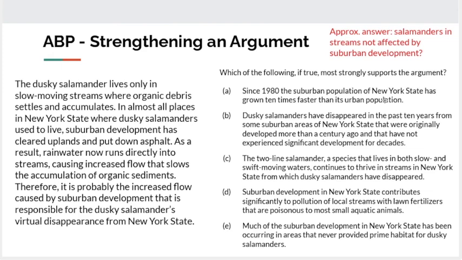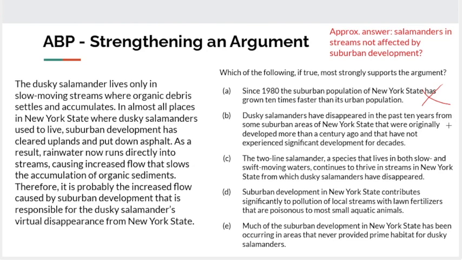A: Since 1980, the suburban population of New York State has grown 10 times faster than its urban population. Not relevant. B: Dusky salamanders have disappeared in the past 10 years from some suburban areas of New York State that were originally developed more than a century ago and have not experienced significant development for decades.